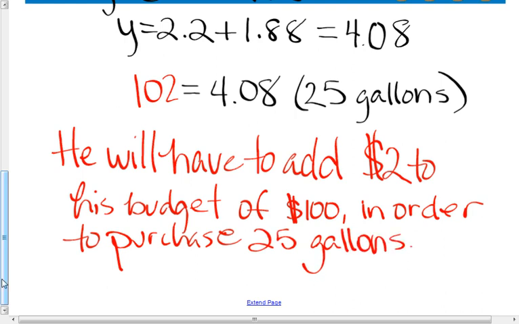Notice that my answer uses units and it's written in context with the problem. Okay.